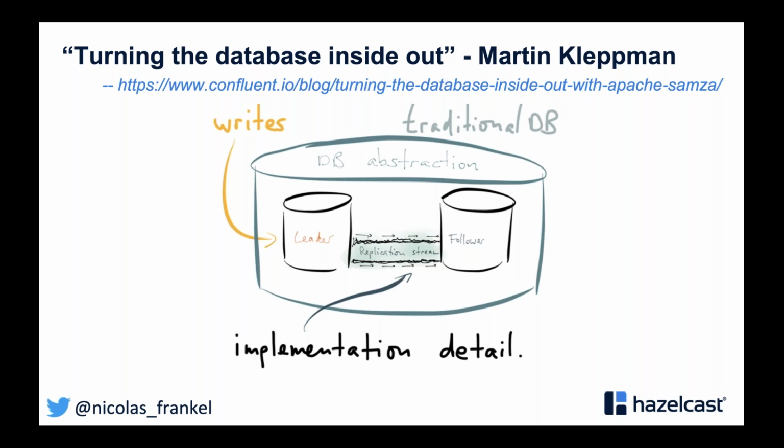The follower will catch up, so it will read the bin log, or the log, sorry, the bin log is an implementation of MySQL. It will read the log, it will replicate the results, and it will be up to date with the latest changes. Even if you don't have a leader-follower architecture, if the leader fails at some point and the process restarts, it will be able to catch up with the changes because they have been written in this log file.